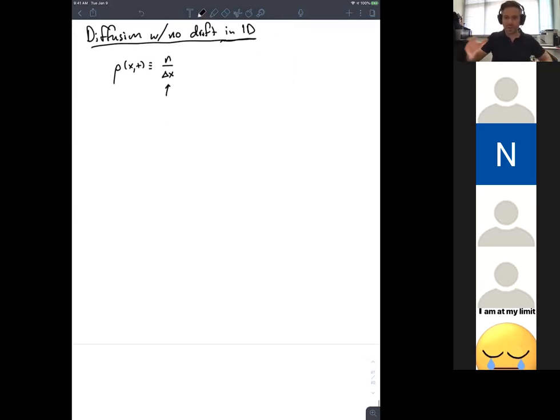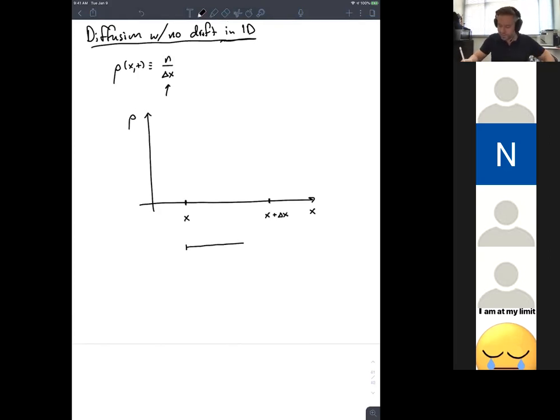All right, so let's look at this graphically. On the x-axis is position, and on the y-axis is concentration. What I want to look at is the space between 2 points within my container. So I'm going to look at the point x, and the point over here, x plus delta x. In other words, the distance between these 2 points is just delta x.